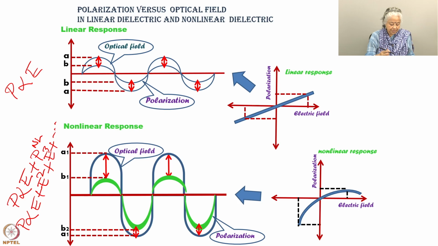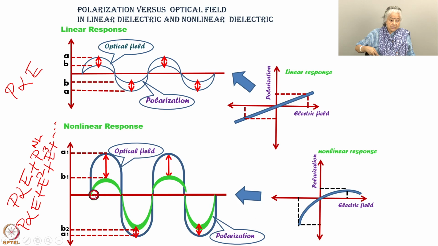Okay. So, that you have seen previously. Now, what happens? So, I put in a light frequency like this, its amplitude is a little more than the previous one, because it is only at a higher amplitude of E that you will start getting the nonlinear optical effect. So, this is the optical field, and the green part is the polarization.